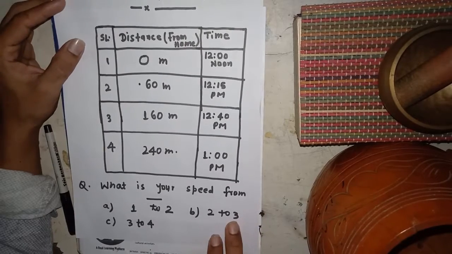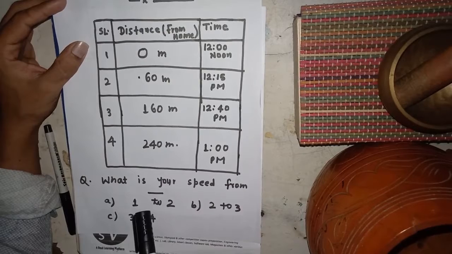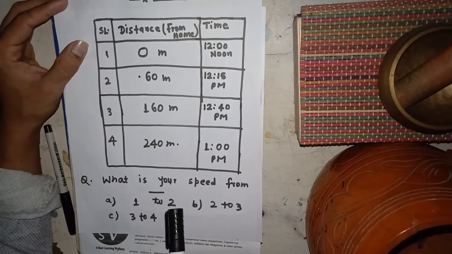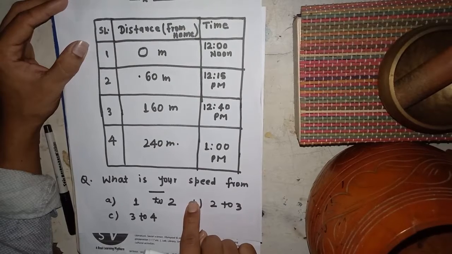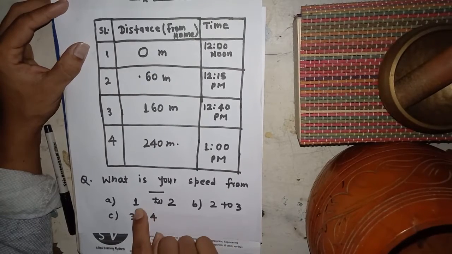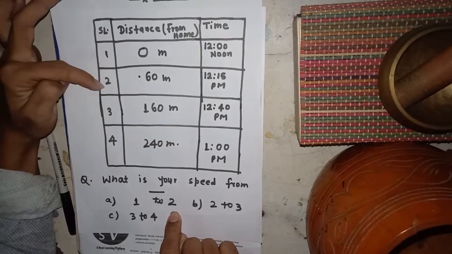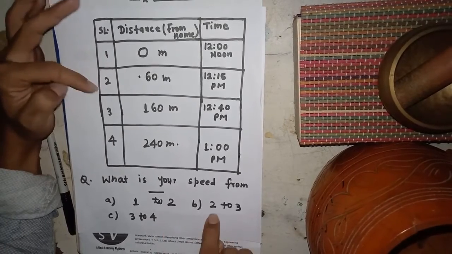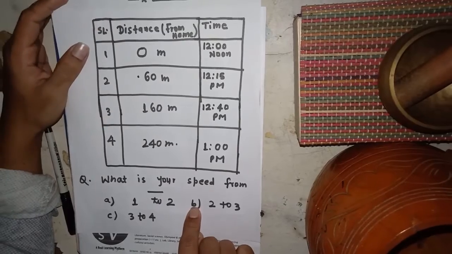Now, there are some questions here. What is the speed of that man from 1 to 2, from 2 to 3, and from 3 to 4?